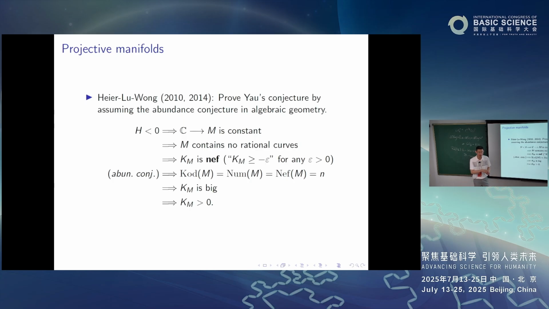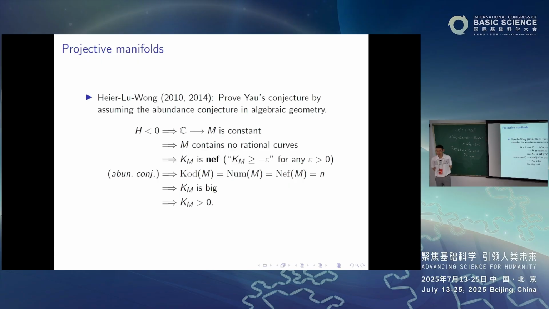So big and nef with no rational curve. That's for the projective case. Actually, for the Kähler case it's also true, because you get K_M big, then as you mentioned, by Moishezon, a Kähler Moishezon manifold becomes projective. So you all go back to projective. Good question. Thank you.